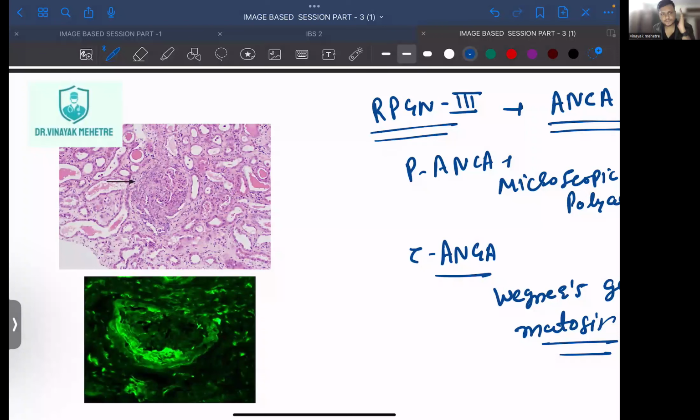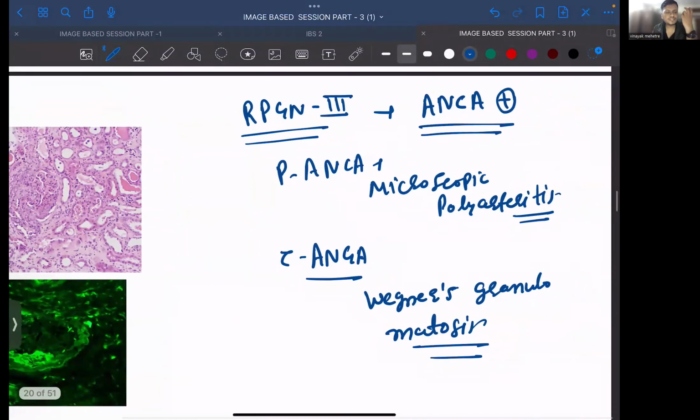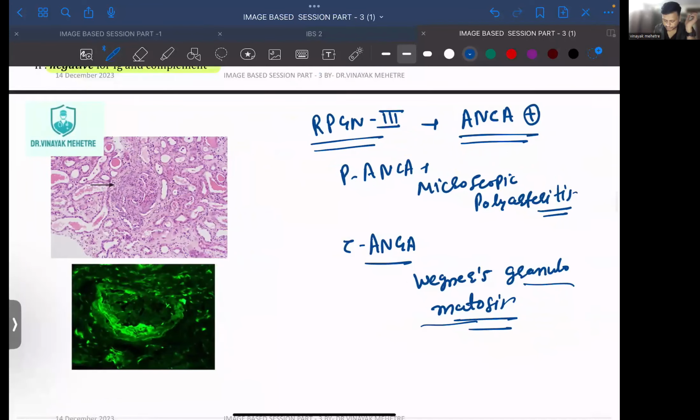In short, what is the name of Wegener's granulomatosis? Granule. So we are going to see big nodules. This is what we call no deposits. We are not able to appreciate the image as we did in the others. Understood? These questions will come, believe me.